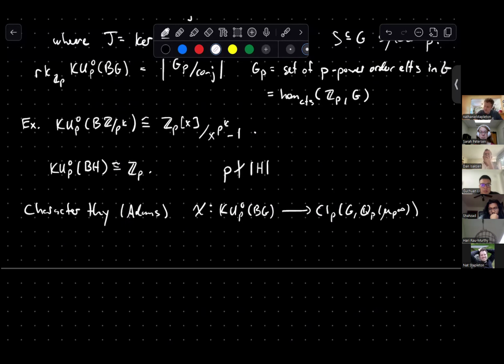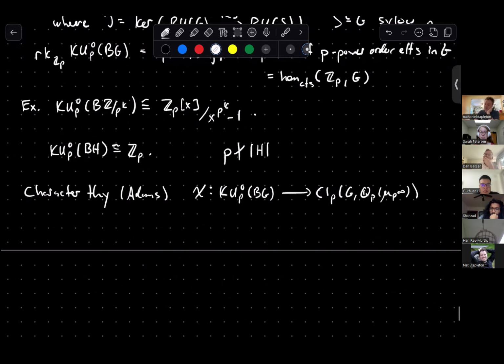And in this case, it's the p-adic rationals adjoin all p to the kth roots of unity as k varies. And this ring is the ring of functions from GP mod conj into QP adjoin mu p infinity.